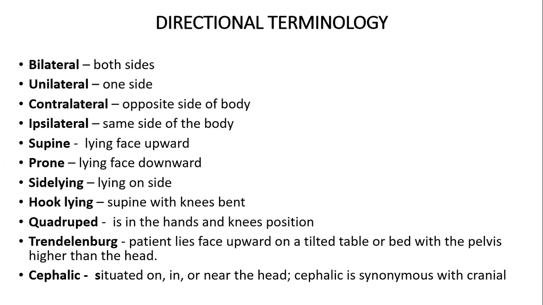So the sternocleidomastoid has a couple of different actions. When they work bilaterally, when both of them work at the same time, it flexes the neck. When only one side is working unilaterally, it laterally flexes to the same side, or ipsilaterally, but it rotates contralaterally to the opposite side.